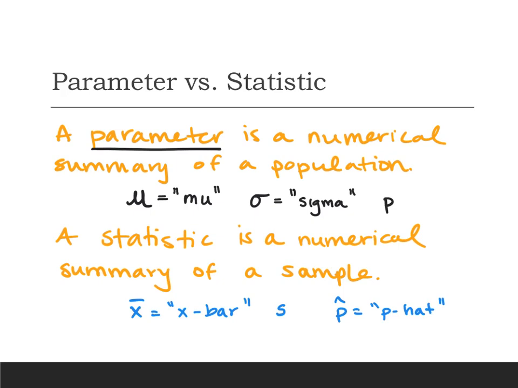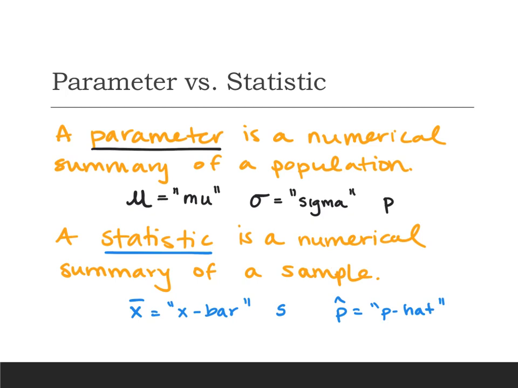And so these are symbols that represent statistics, different statistical values. We do need to be able to identify the difference between a parameter and a statistic in this class, because we will be measuring parameters using statistics. So we need to make sure we can identify and label those numbers that we're given correctly.